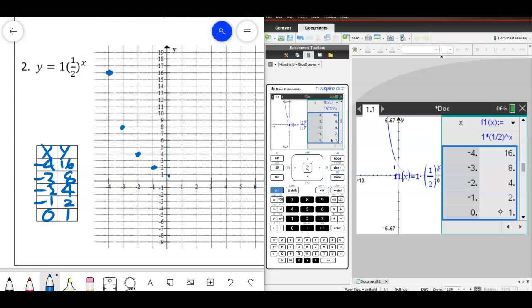And then 0, 1. Can you plot those points, please, and then graph it? Do your best exponential graph that goes through these, but it doesn't cross the axis. It just keeps getting closer and closer forever, okay? So here we go. Let's graph this.